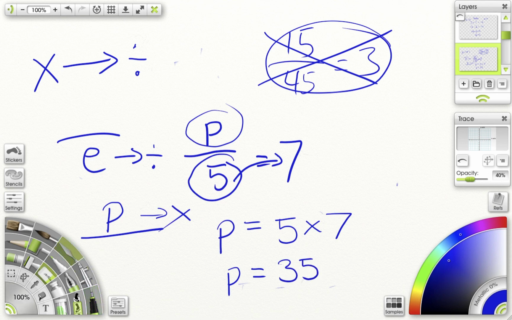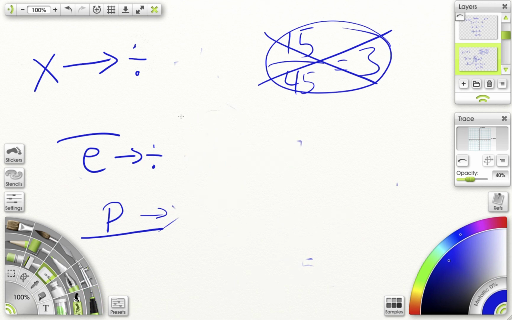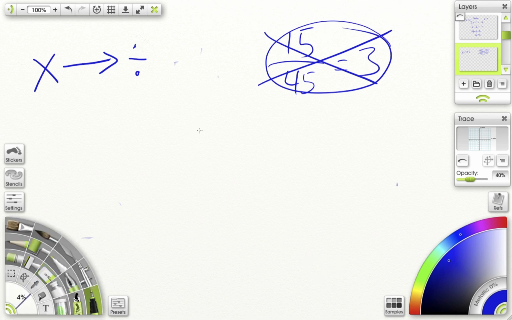All right, let's do one more problem that has the variable on top. The variable is the letter. That's an O, by the way, not a 0. O over 9 is equal to 7.